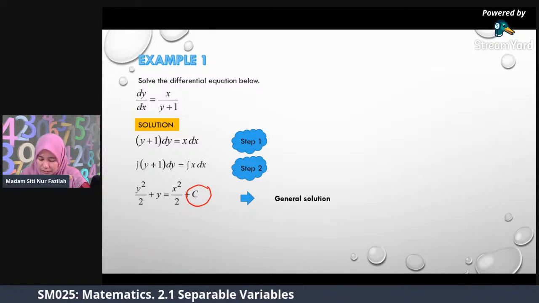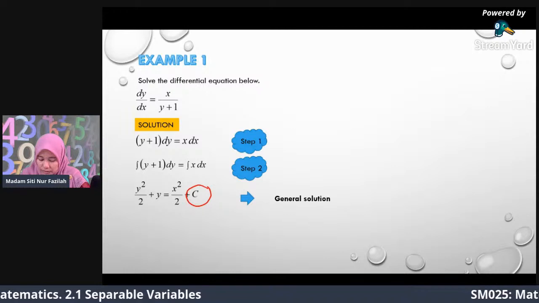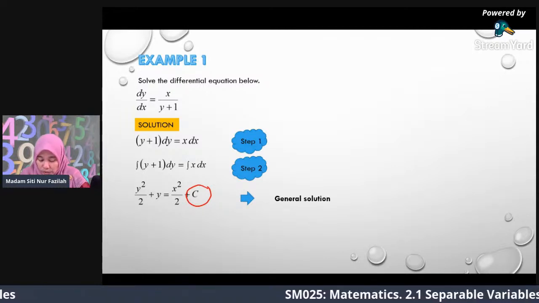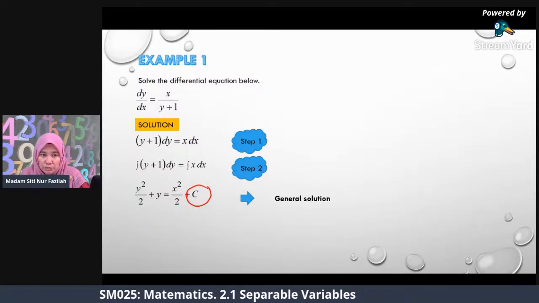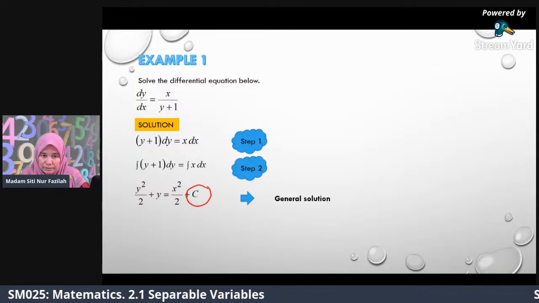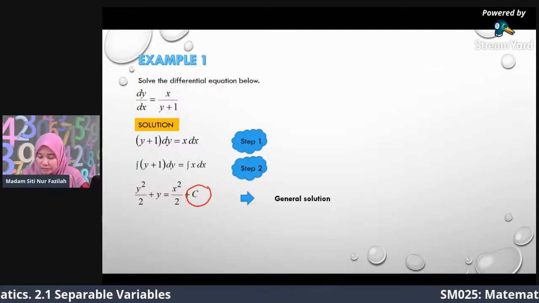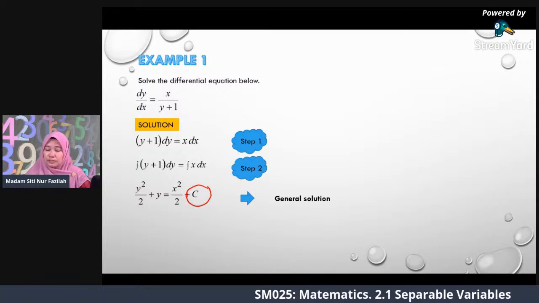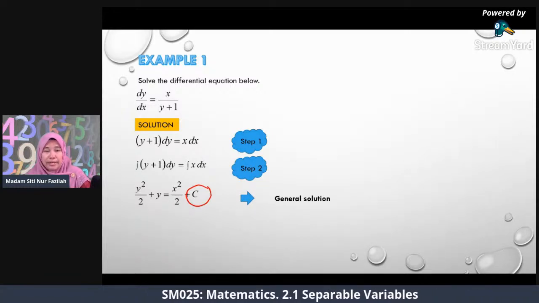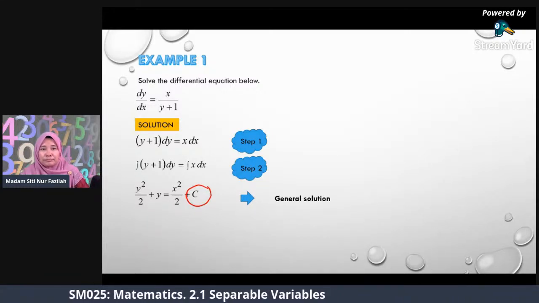But for this equation, we just have a final answer: y squared over 2 plus y equal to x squared over 2 plus c as the general solution. So simple for example 1.